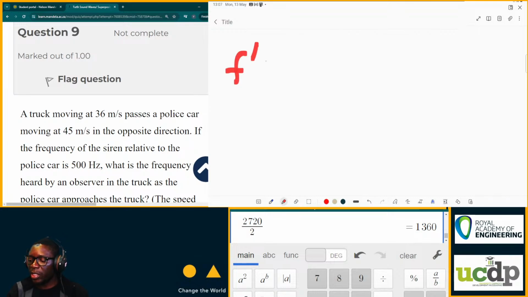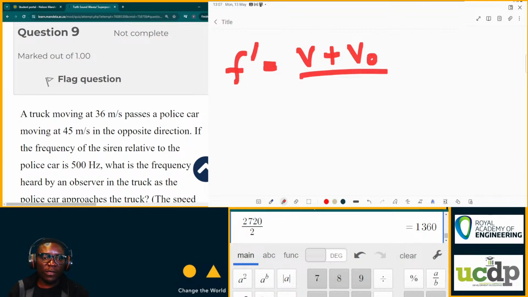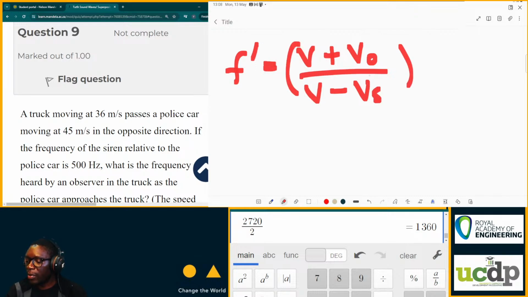So this is the frequency we need to calculate. We've got the velocity of sound plus the velocity of the observer, and the observer, in this case, is in the truck. So that's the velocity of the truck, plus, all over V minus Vs, multiplied by the frequency of the sound, which is initially given as 500 hertz.